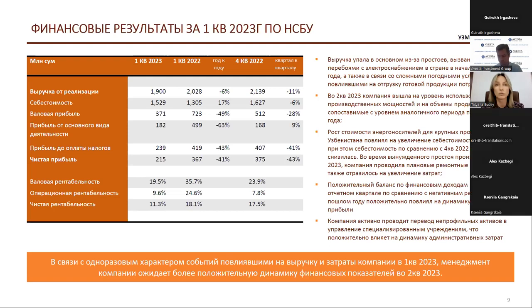Also, we were affected by harsh weather conditions that hampered finished product shipments. So during the cold weather and forced disruptions, we were unable to maintain a 100% capacity utilization rate, but as early as in Q2, we were able to get back to normal.